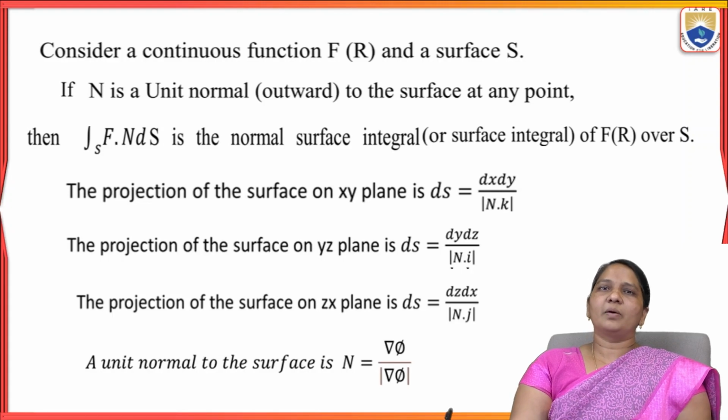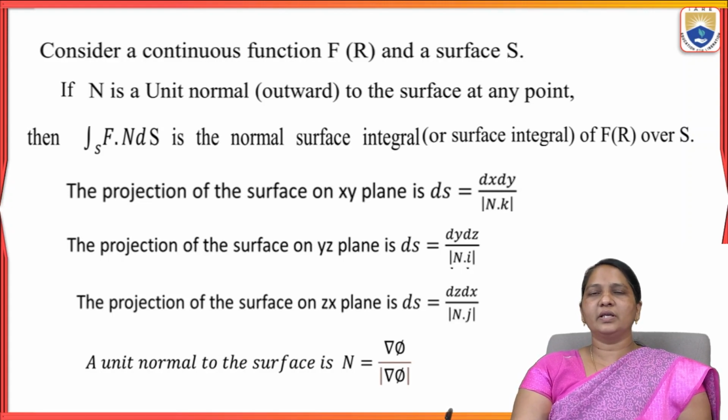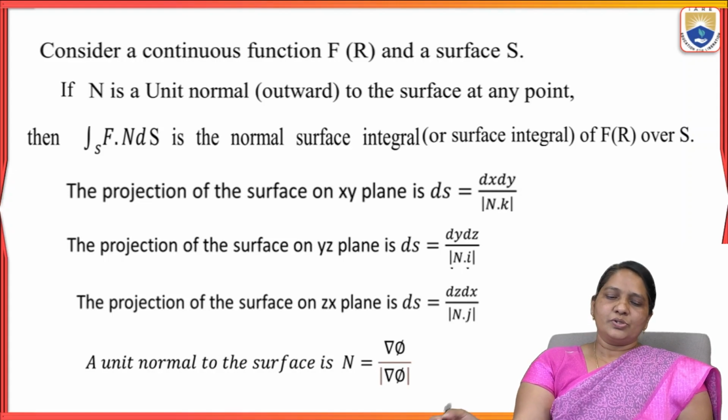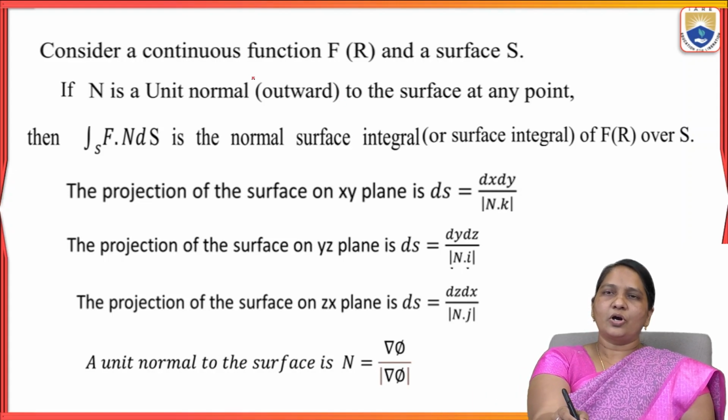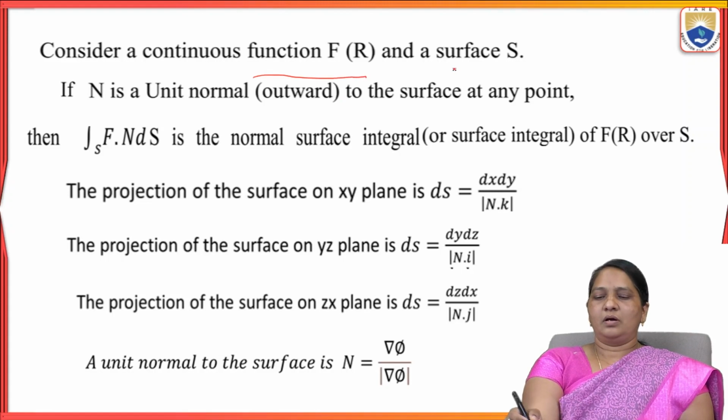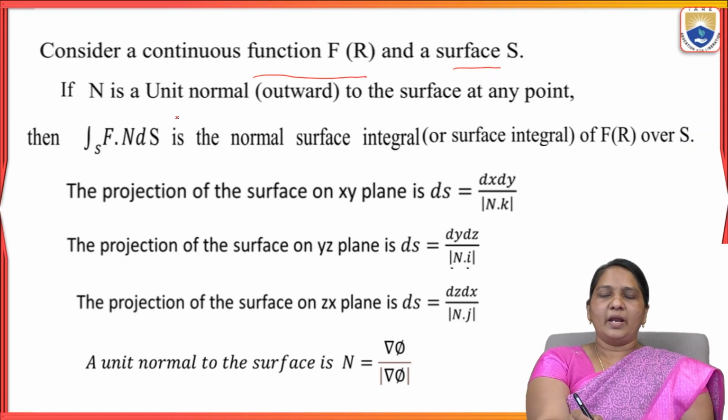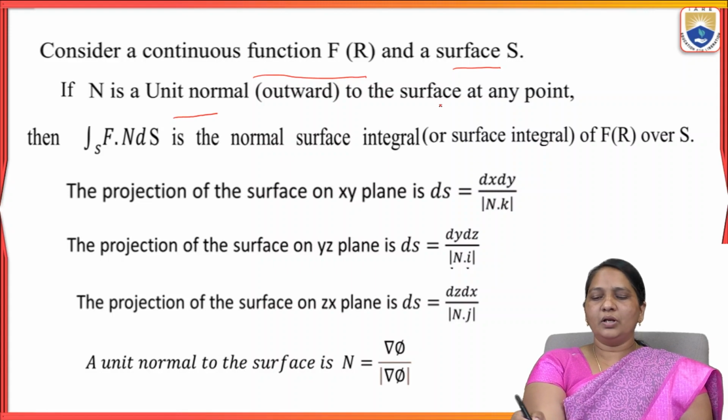We can observe the formulas here to calculate ds and the unit normal. Here we take a continuous function f of r and a surface S, and n is a unit normal to the surface at any point.